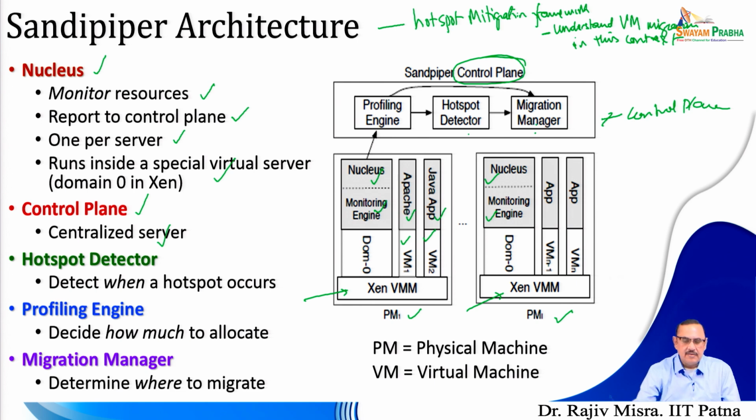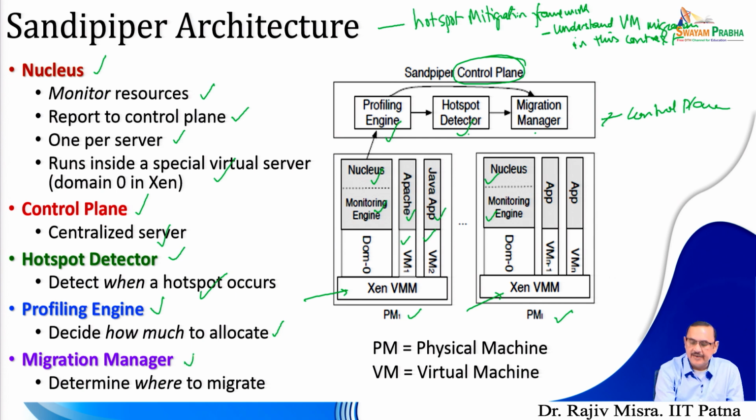Inside the control plane you will have the hotspot detector, which detects when a hotspot occurs based on the statistics, that is the information which the monitoring engine and its nucleus send to the control plane. The other one is the profiling engine, which will decide how much to allocate.